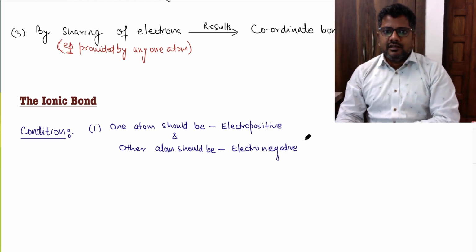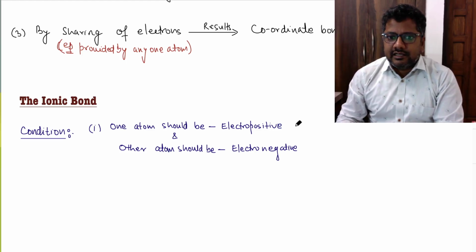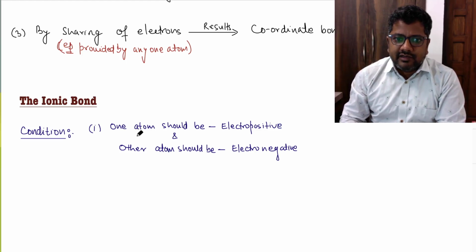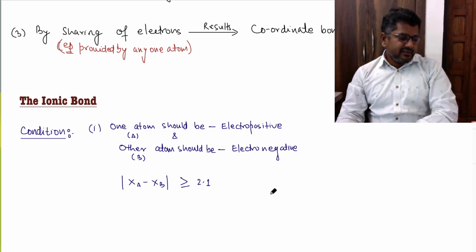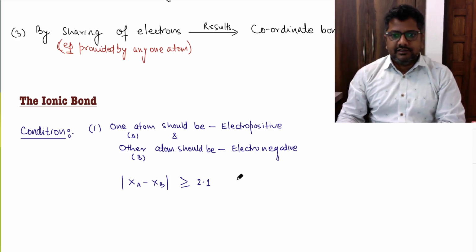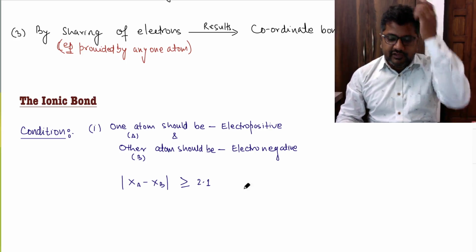Right? So suppose we have taken one atom as A and the other atom as B. So the electronegativity difference of XA and XB should be 2.1. I have already explained this in the periodic table.